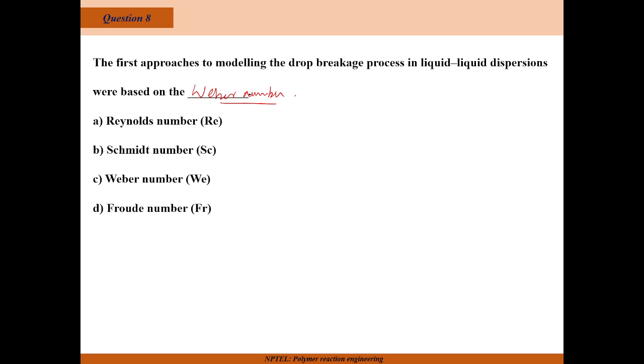Once the drop is formed, the drop can be destroyed if the flow of the liquid is larger than the surface tension, right? If we have a drop made of some liquid X, the flow means some kind of motion happening within the liquid, and that is the force due to this flow of the liquid.